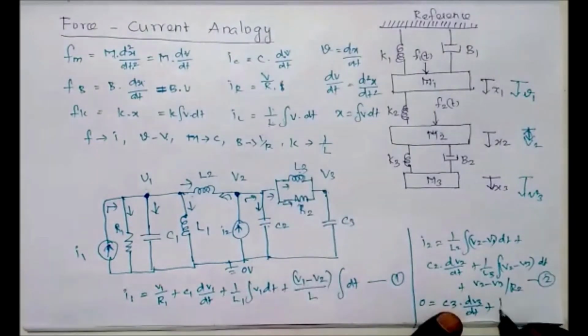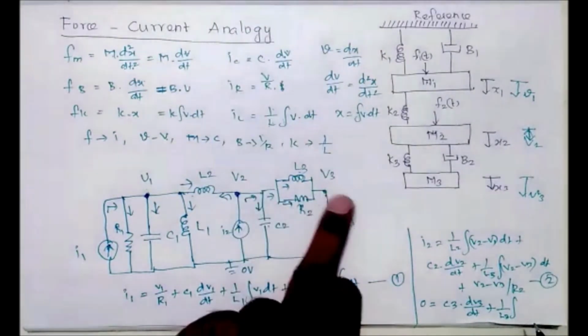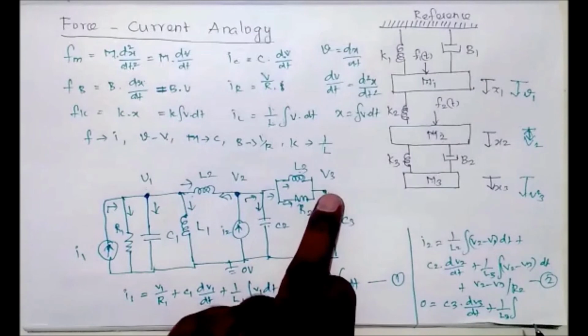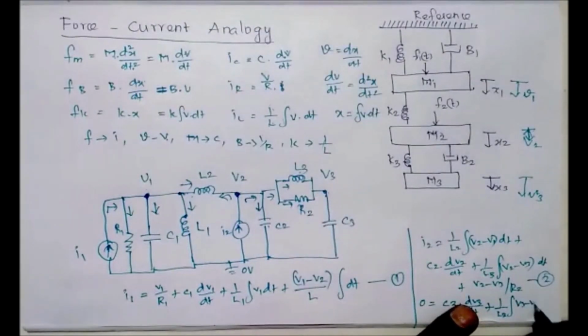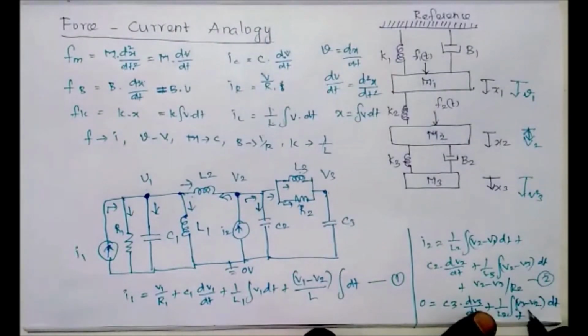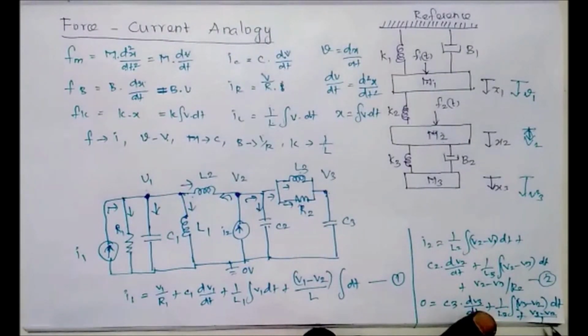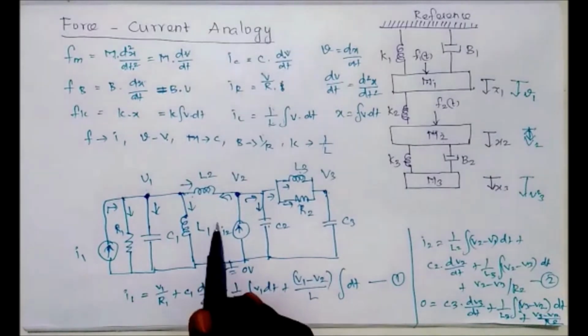For this inductor 1 by L3 integral of, so this is higher potential than this one, while taking this as reference node, or while writing the equation for this node, V3 minus V2 into dt plus, next one more resistance R2, therefore V3 minus V2 divided by R2. So these three are the nodal equations for this circuit.